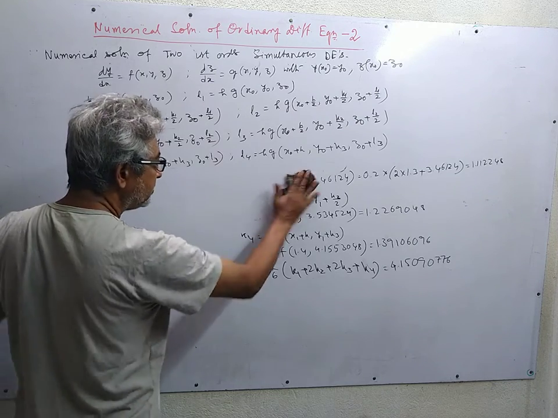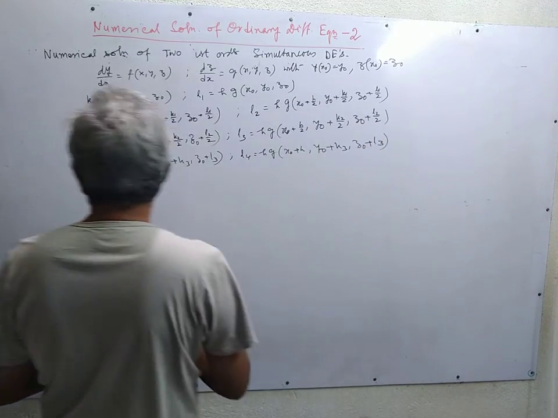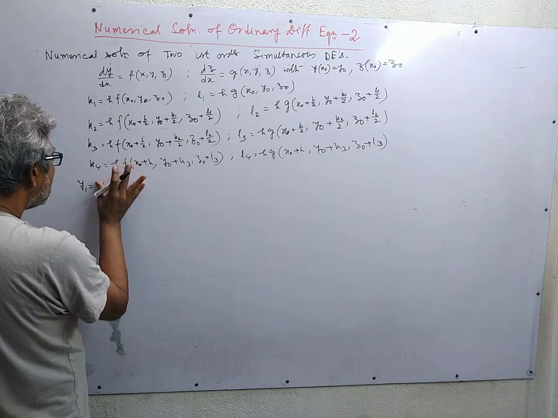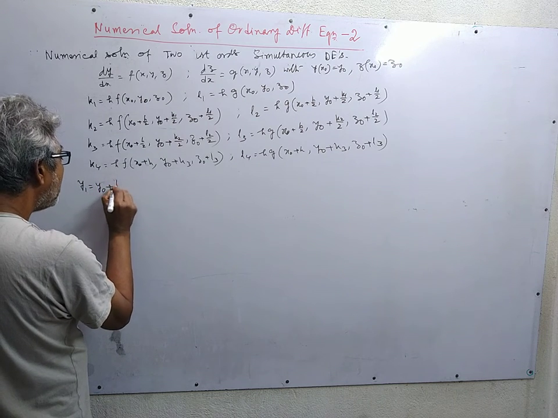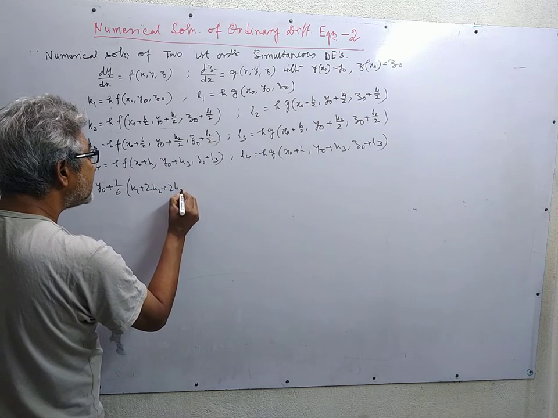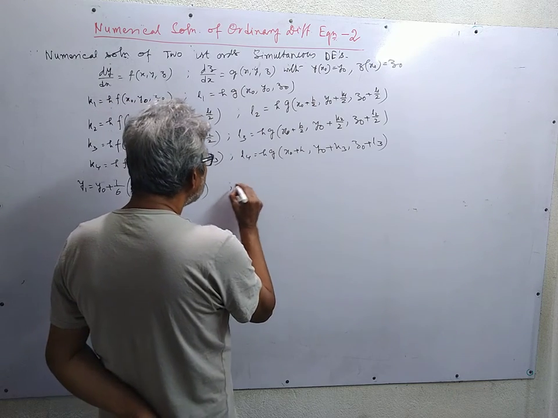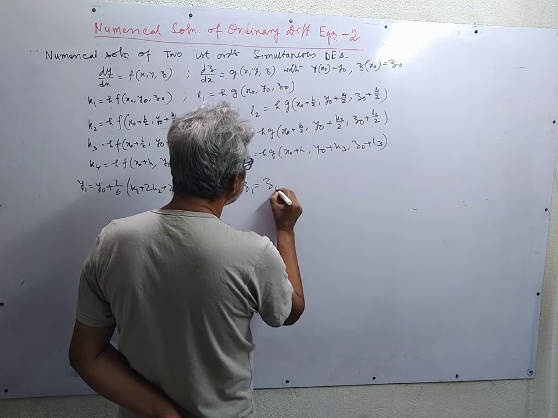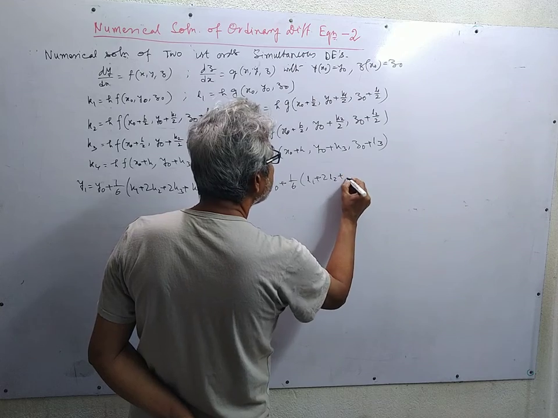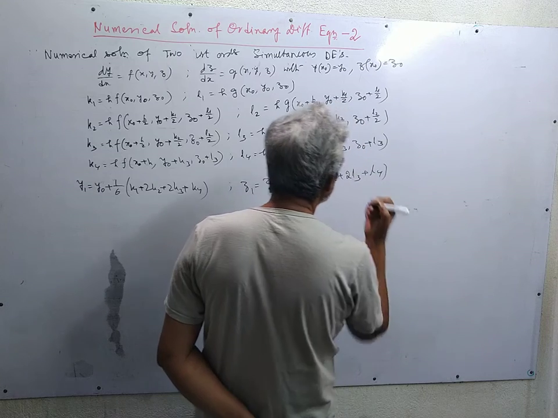So y1 is y0 plus 1 by 6 k1 plus 2k2 plus 2k3 plus k4, and z1 is equal to z0 plus 1 upon 6 L1 plus twice L2 plus twice L3 plus L4.